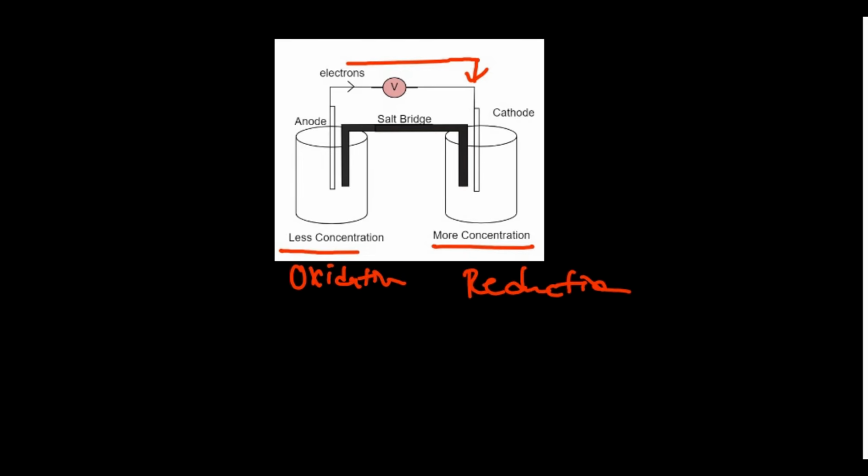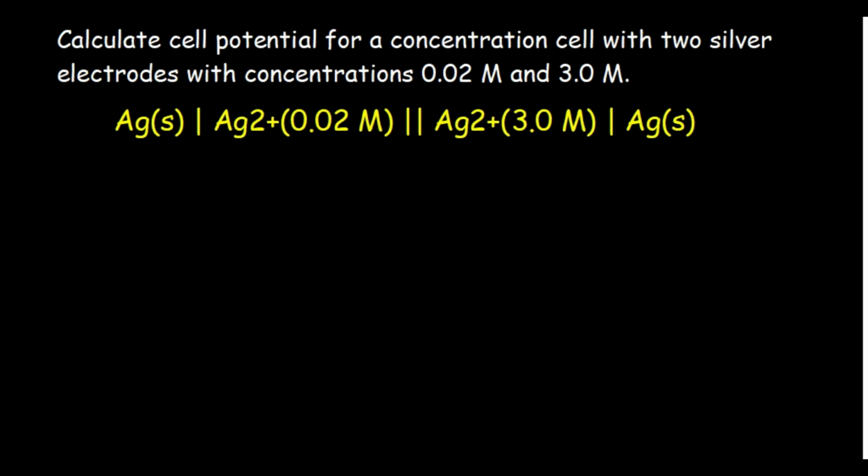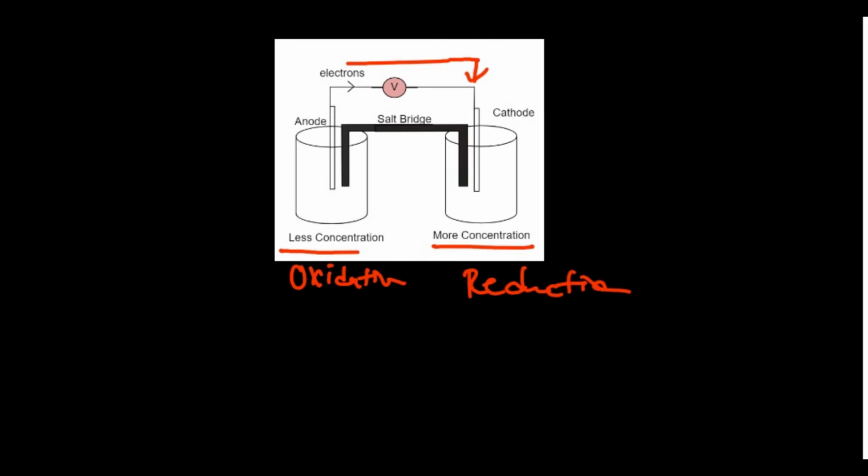Let's look at the practice question. With an understanding of what a concentration cell is, are we able to answer the questions? The other thing you would want to think about is, if I take you back here, let's say we had copper.